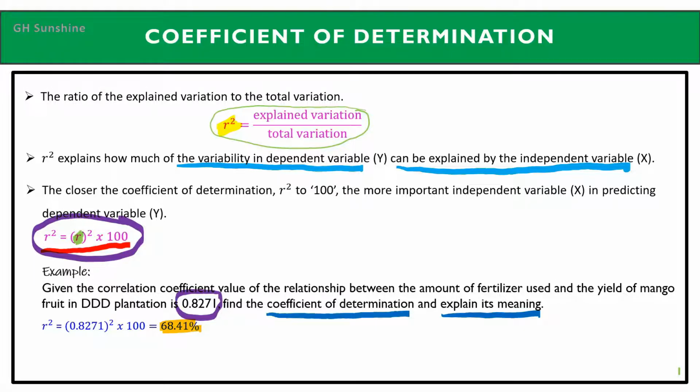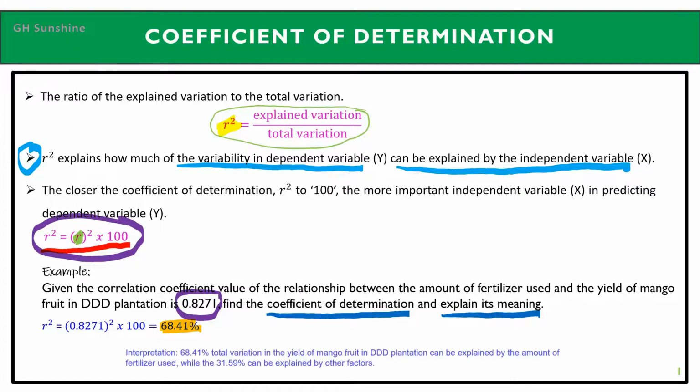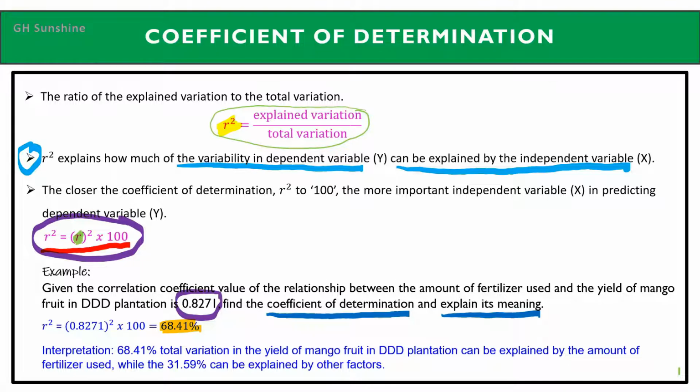So how to explain? Recall the explanation of R squared. Therefore, 68.41% of the total variation in the yield of mango fruit in the plantation can be explained by the amount of fertilizer used, while the other 31.59% can be explained by other factors.